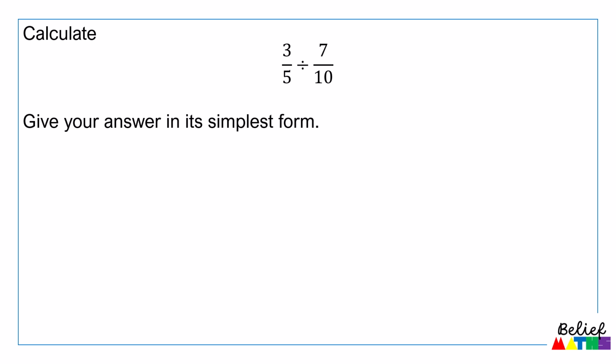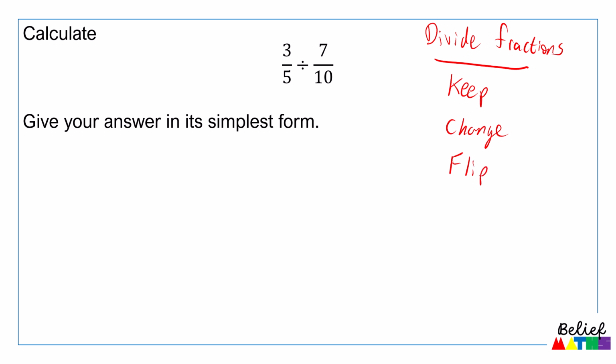Final question now is just to divide two fractions. And again, the same thing would work if we were doing mixed numbers, just convert them to improper and then use the same method I'm about to show you. So when we divide fractions, you've probably heard this before, we do keep, change, and flip.